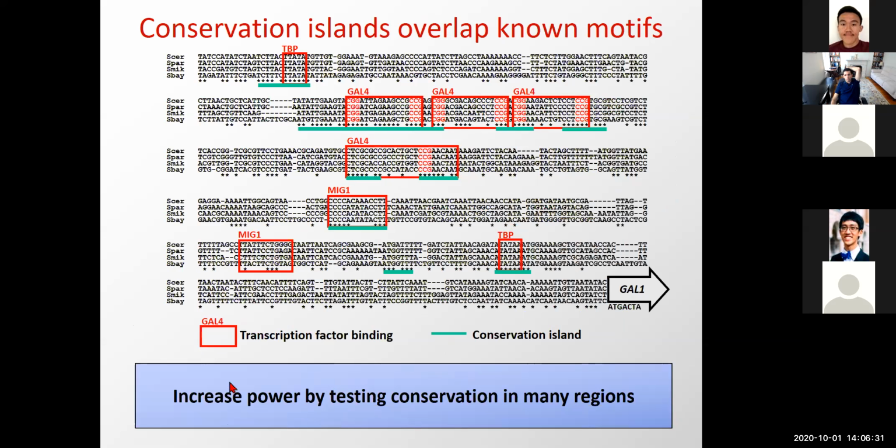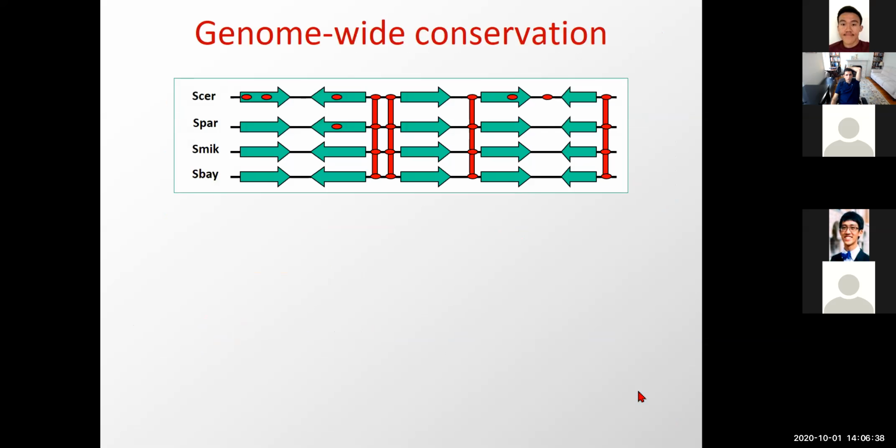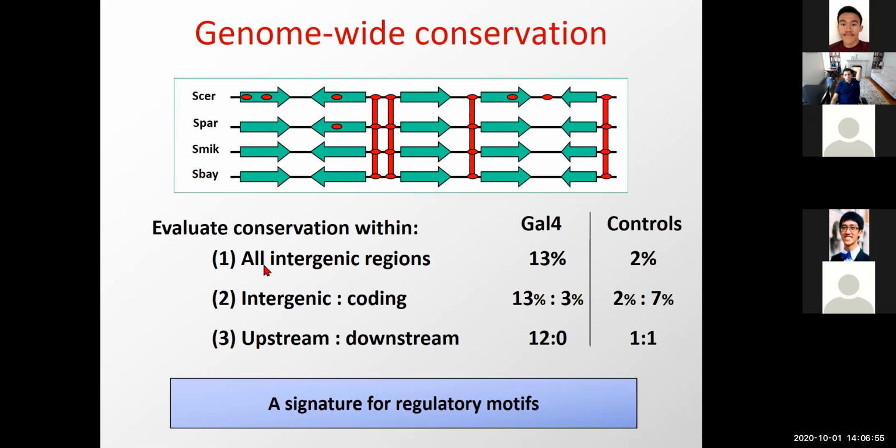And then we basically said, well, perhaps we can increase our power by testing conservation across many regions. The idea was the following. We basically defined a genome-wide conservation score that allows you to ask, how well is this motif conserved, not in any one of its locations, but across all of its locations jointly. And then we could estimate the conservation across all intergenic regions.